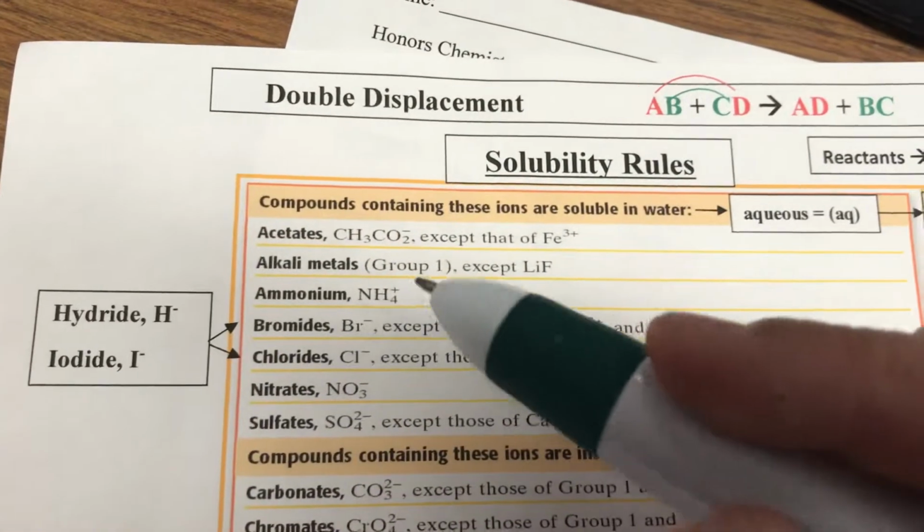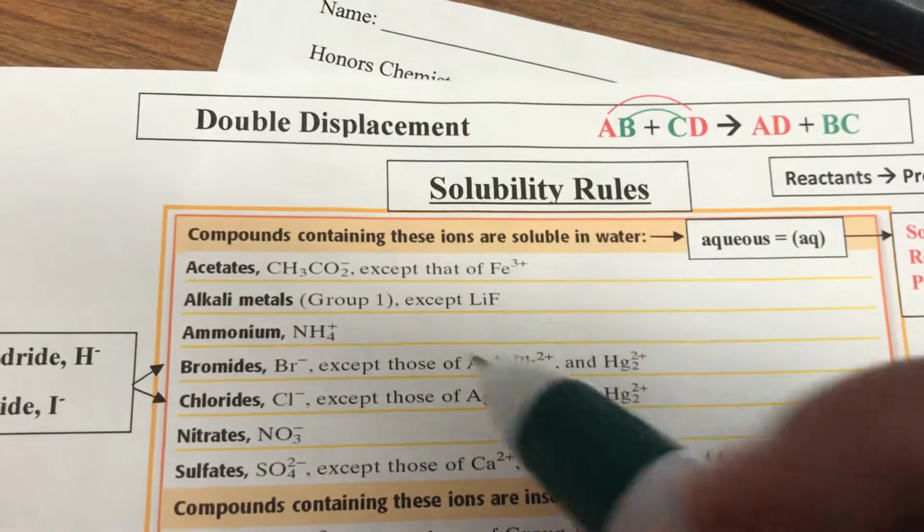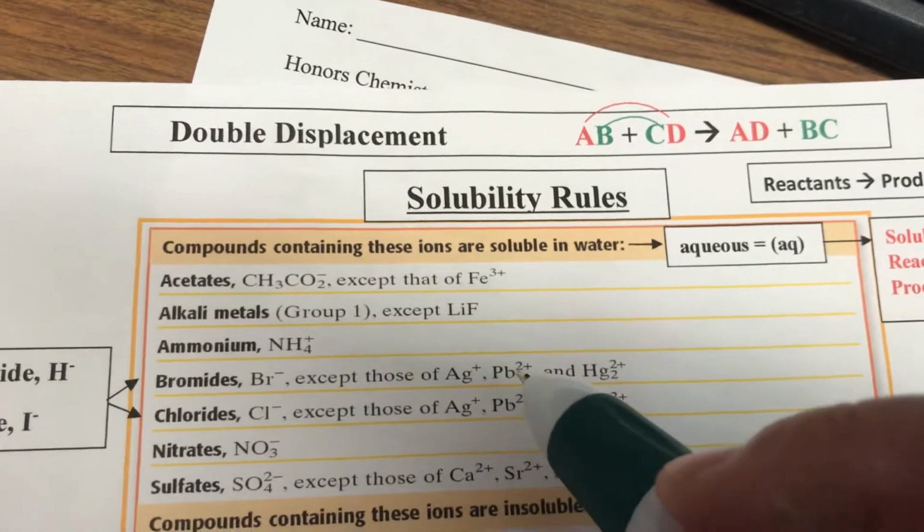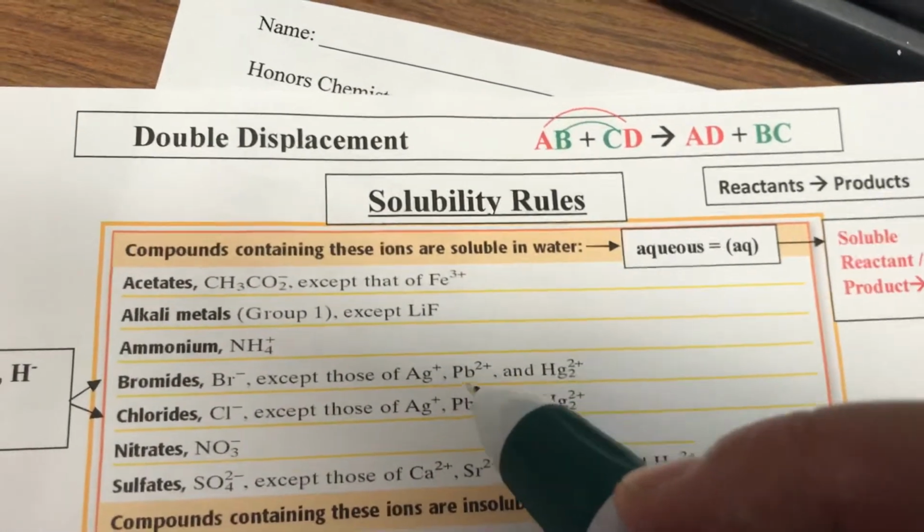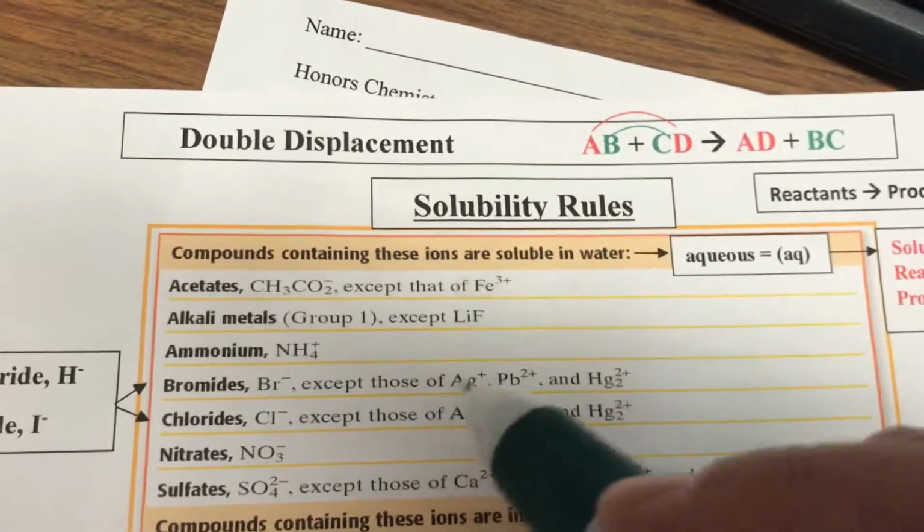The last one is lead iodide, a product. Iodide follows the same rule as bromide. So iodides are soluble except those of Pb2+, except those of lead 2.